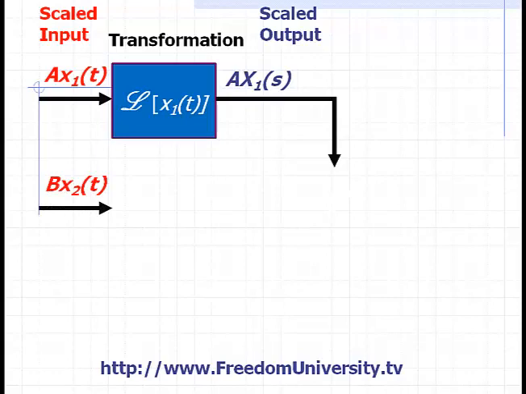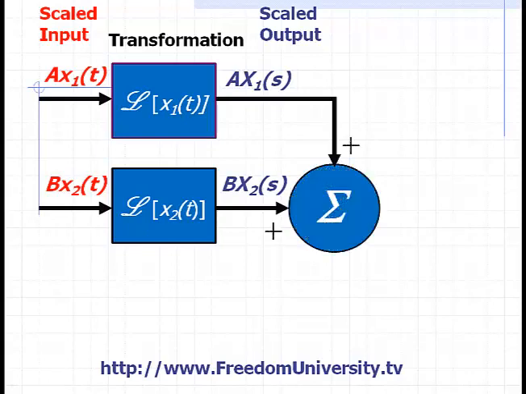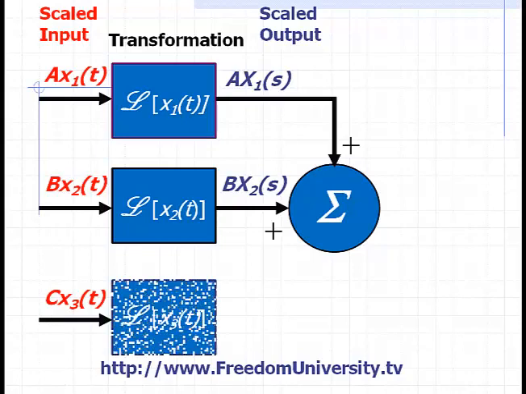We're going to take another input scaled by b, x2, and then perform a transformation, and we get its corresponding Laplace transform b X2 of s, and we're going to add them all up. And then we can also take a third, and you can see we can extend this to many inputs when we try to find the Laplace transform of a generic function.